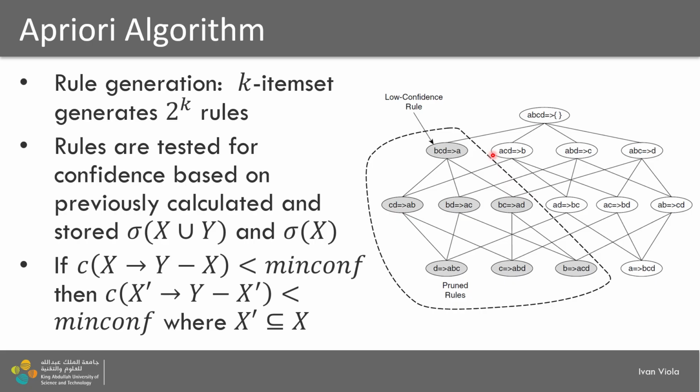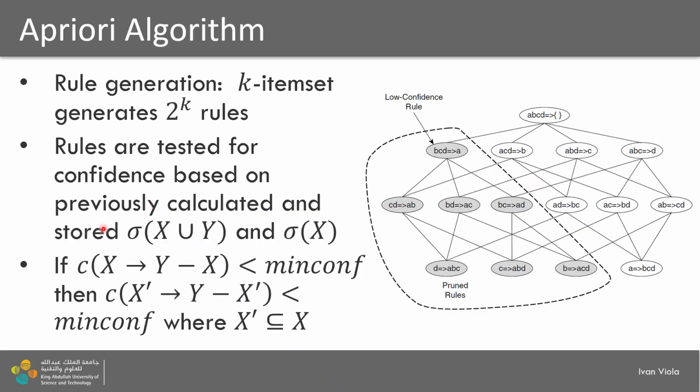However, here again we can use the fact that rules can be tested for confidence based on previously calculated and stored sigma functions, so that we do not need to go through the entire set of transactions and search how many times they occur.